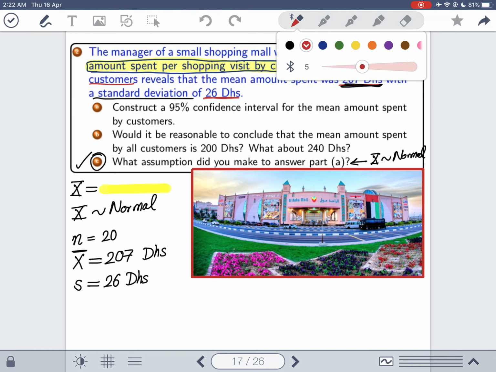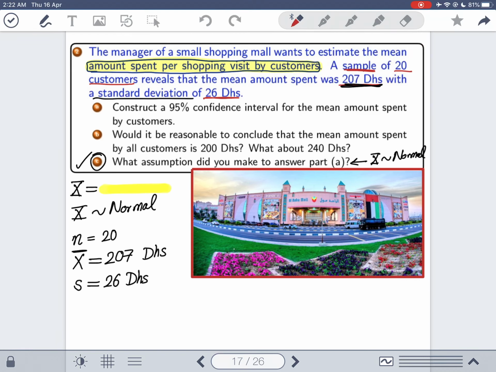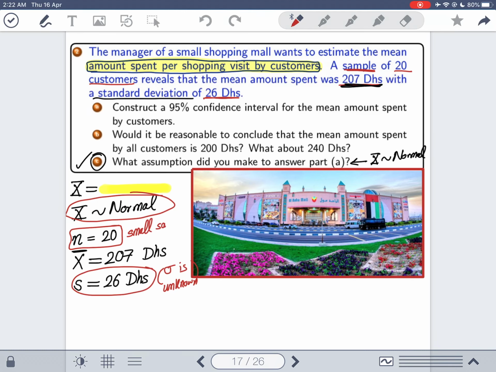Okay, so let's see what is given now. Since S is given, you know that sigma is unknown. Good. And what else? We know that X is a normal distribution, and we know that the sample is a small sample, because n is less than 30.